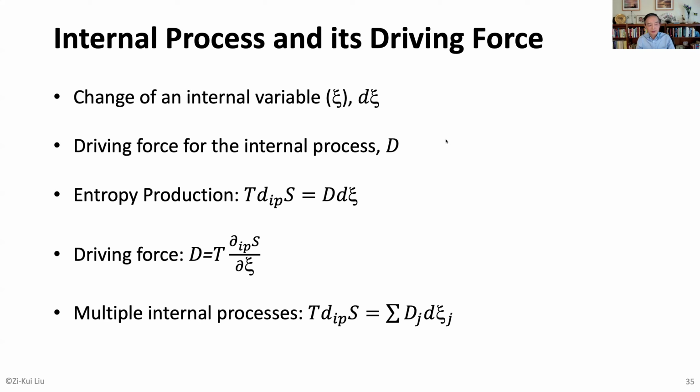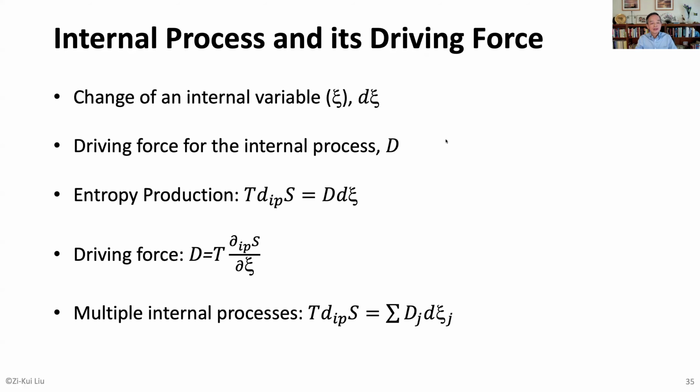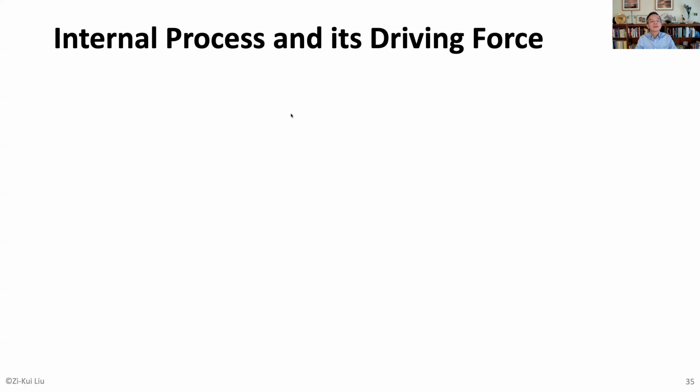So how can we make the combined law? We have the equation from before: dS has three terms, dQ over T, the summation of S_i dn_i, and the d_iS. Now we move T to the other side, multiply by T on both sides, and move these two terms to the other side, and we get dQ.